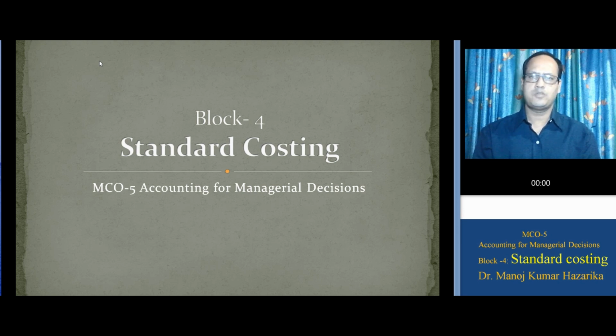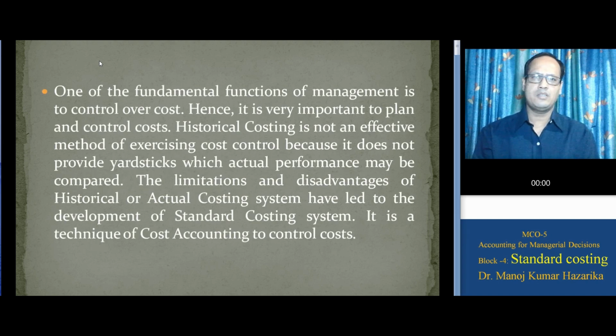Today we want to discuss paper MCO5, Accounting for Managerial Decisions, Block 4: Standard Costing. One of the fundamental functions of management is to control cost. Hence, it is very important to plan and control the cost.